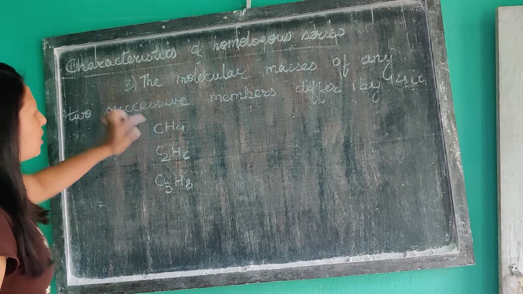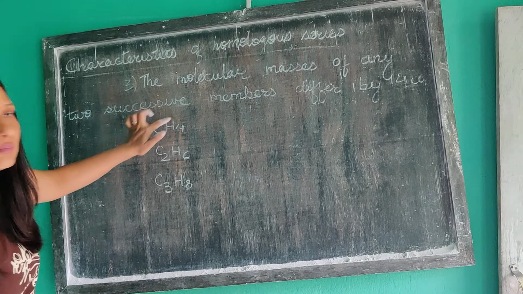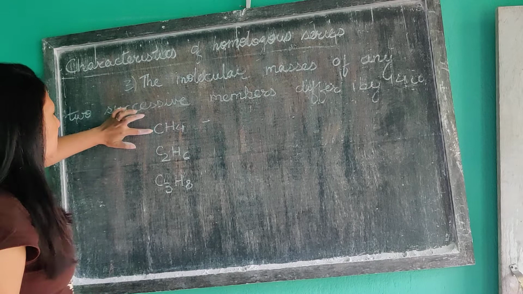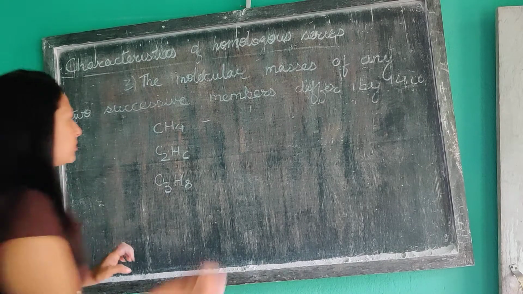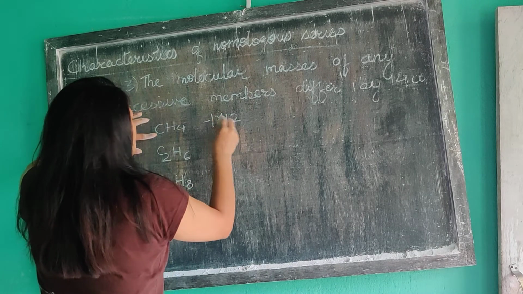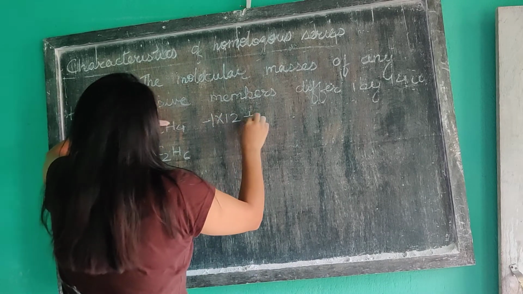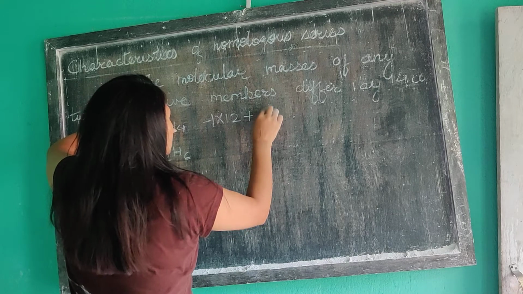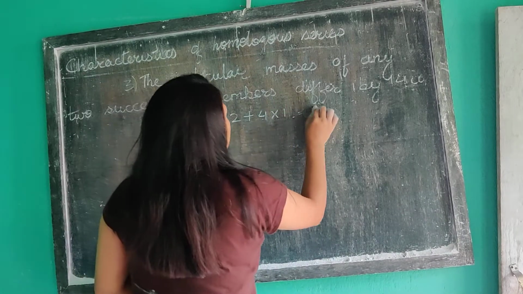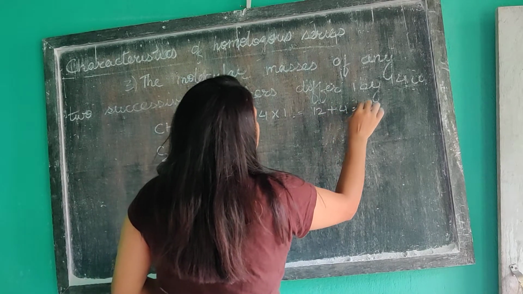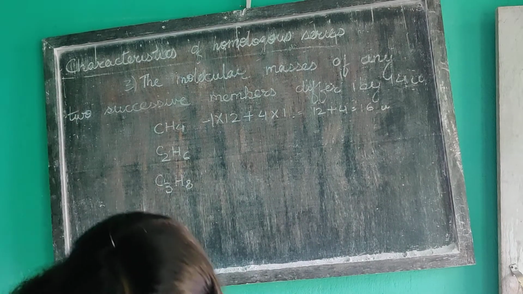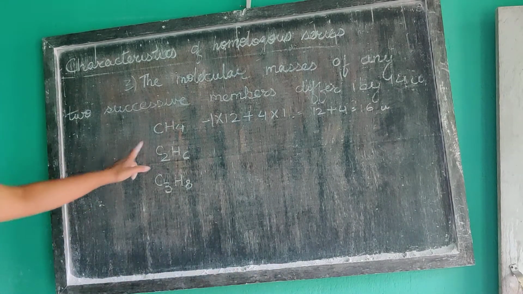Now let us calculate the molecular masses. Let us calculate the molecular mass of methane. We have already done this in class 9. The molecular mass of carbon is 12, and there is only one carbon, so 1 into 12 plus 4 into 1, since hydrogen is 1. So 12 plus 4 is 16. This is the molecular mass of methane.